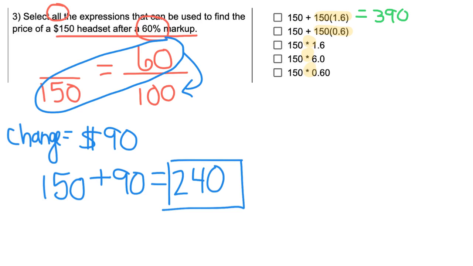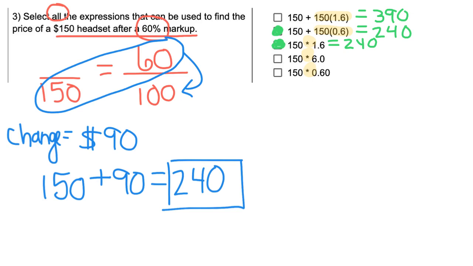I'm going to start with what's in yellow. 150 times 0.6, hit enter, add 150. My calculator said 240. That matches. That's one of the answers, but I'm not going to stop there. There might be more than one answer. So the third one, 150, the star says to multiply 1.6. That also equaled 240. I'm glad I didn't stop because that's also an answer.